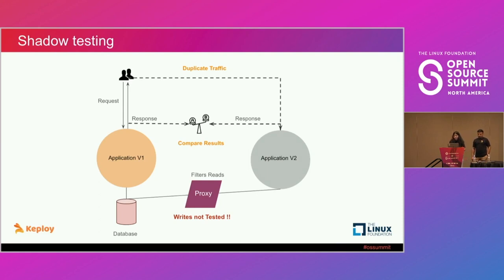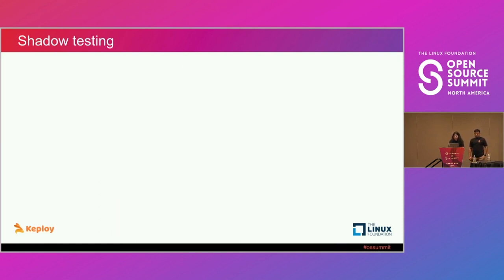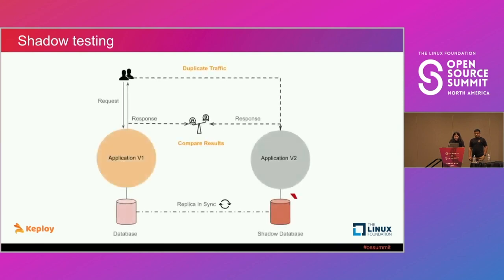So the next approach was, how about introducing a replica of the production database that the stable application is talking to? And this also sounded like a very good approach initially, but when we implemented this, the real challenges came in.